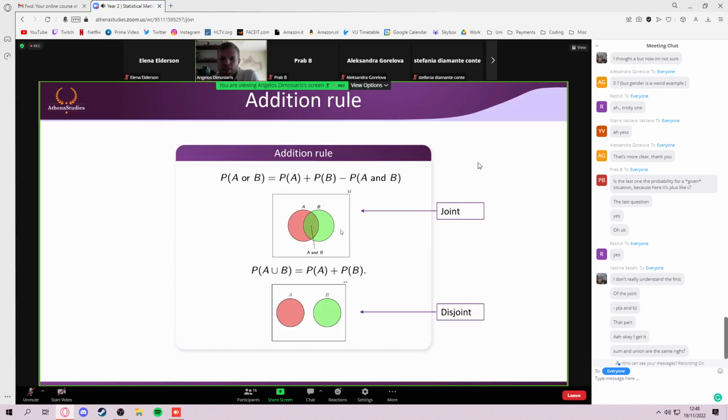And now the question says, okay, if I add the probability of A to happen, plus the probability of B to happen, plus the probability of this beautiful thing to happen, must be equal or less to the probability of 1.